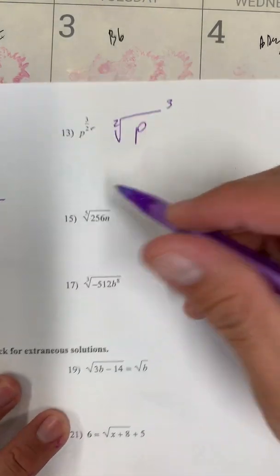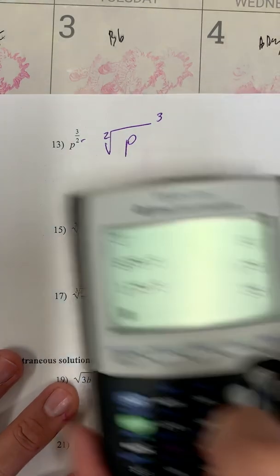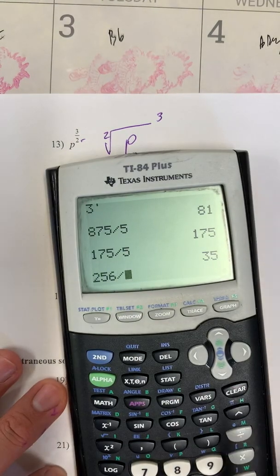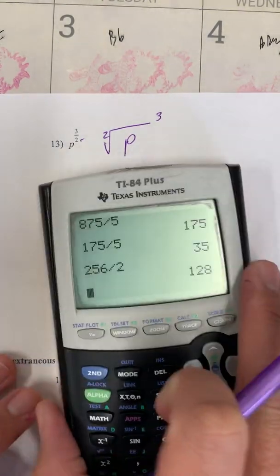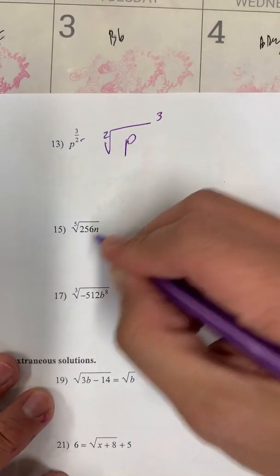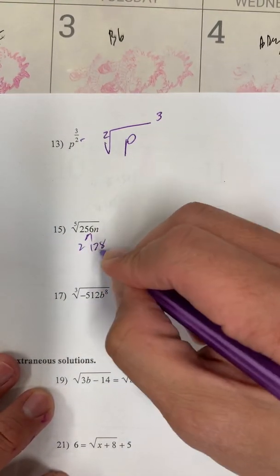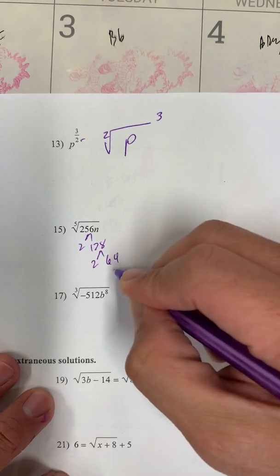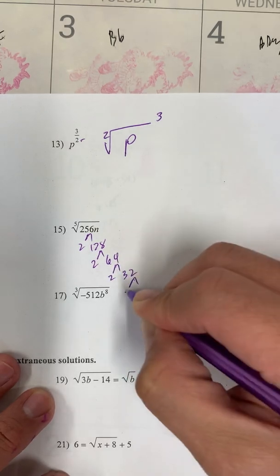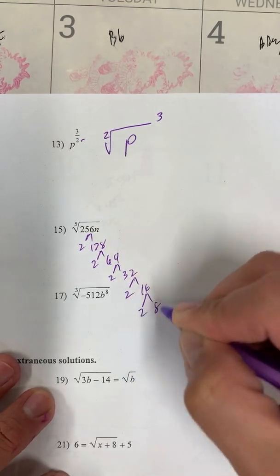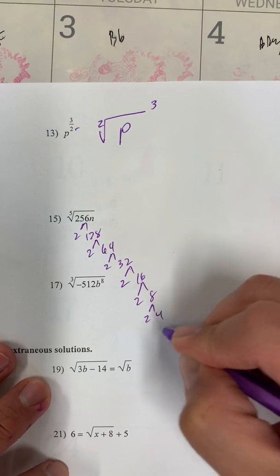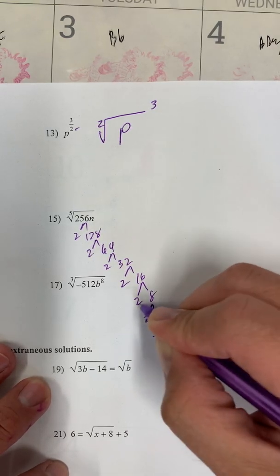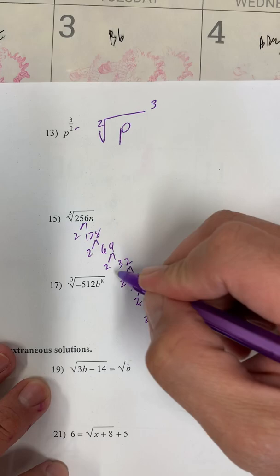For number 15, 5th root of 256. 256 can be divided by 2. 128 can be divided by 2. 2 and 32, 2 and 16, 2 and 8, 2 and 4, 2 and 2. 1, 2, 3, 4, 5, 6, 7, 8.